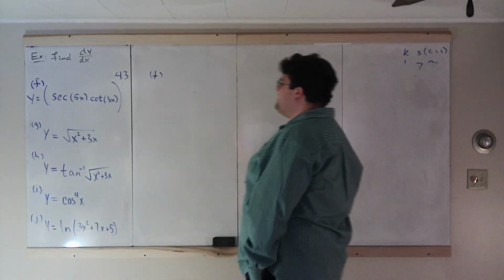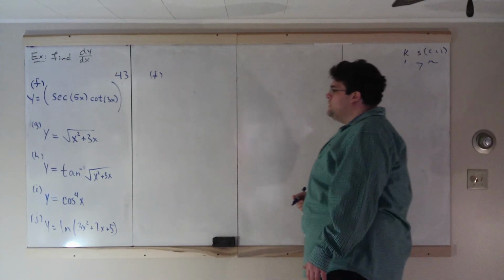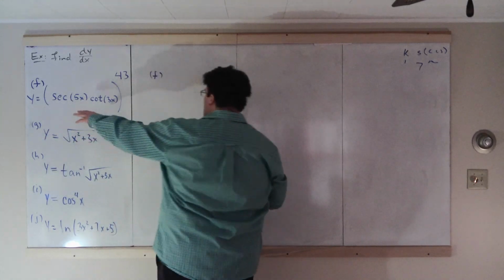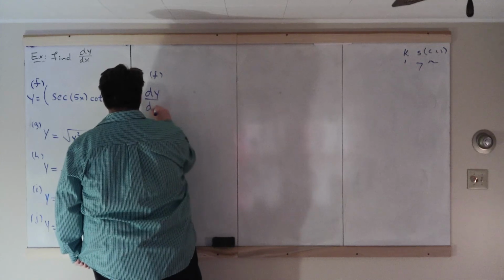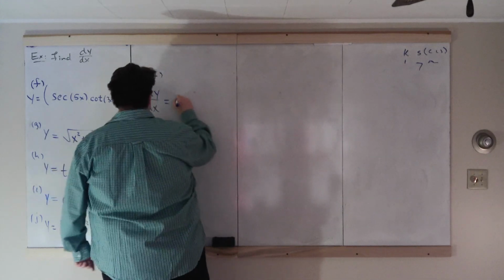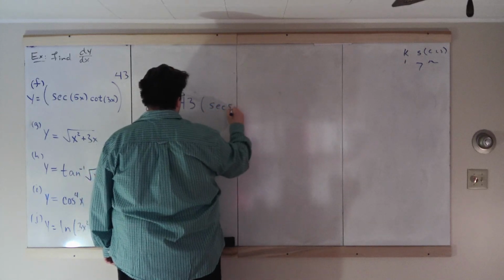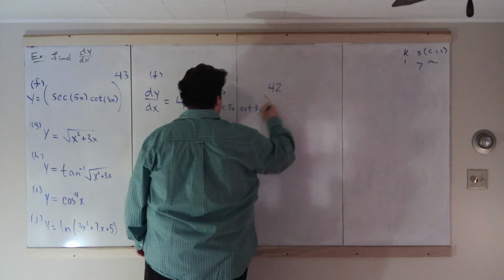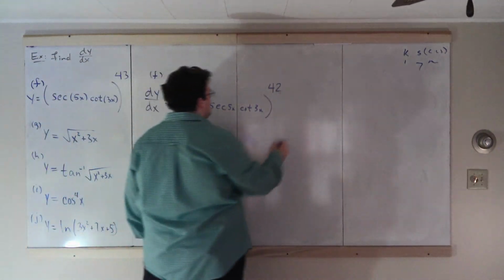Well, we have secant 5x cotangent 3x all to the 43rd. Well, in part E, we did the derivative of the inside. But here we have a function to the 43rd power. Derivative of something to the 43rd is 43 of them to the 42nd. But then you multiply by derivative of the inside.